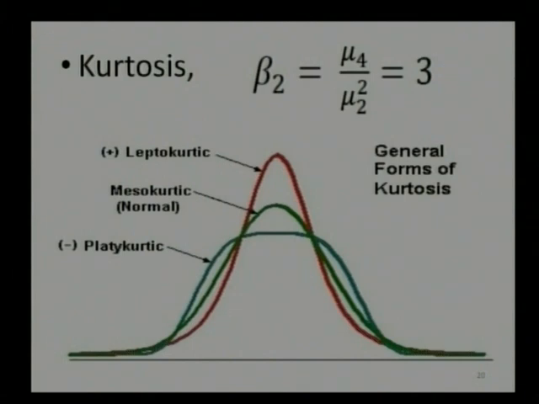If your beta 2 is less than 3, then you will have the platykurtic curve. You can see the figure, friends. And in the case of beta 2 greater than 3, you will have a leptokurtic curve. So here you can see the general forms of kurtosis.